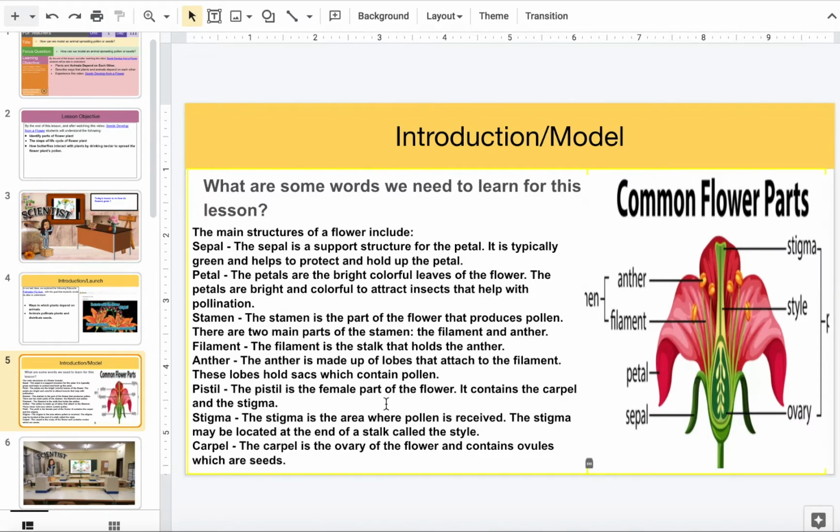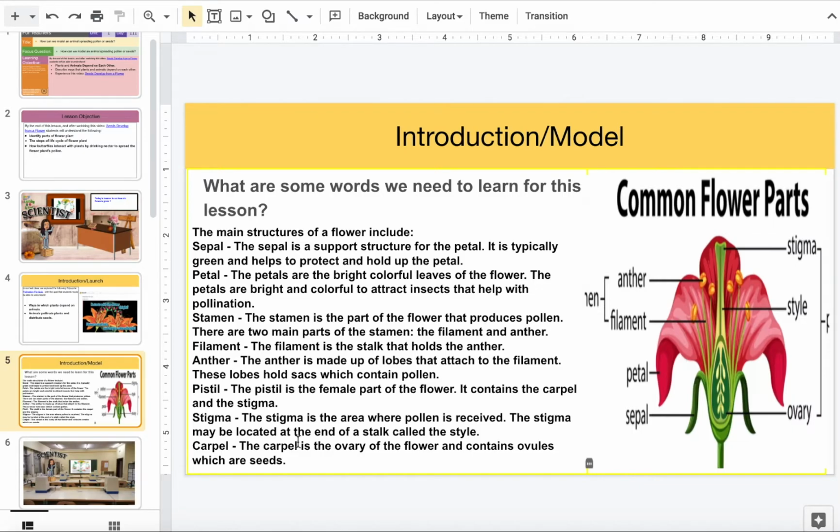Pistil. The pistil is the female part of the flower. It contains the carpel and the stigma. Okay, and this is the pistil. It's been cut off, but this whole entire thing, which includes the stigma, the style, and the ovary, is the pistil. Stigma. The stigma is the area where pollen is received.